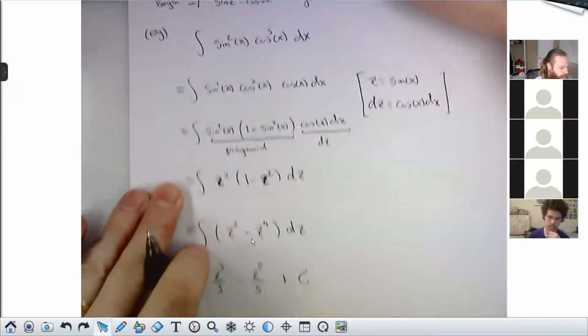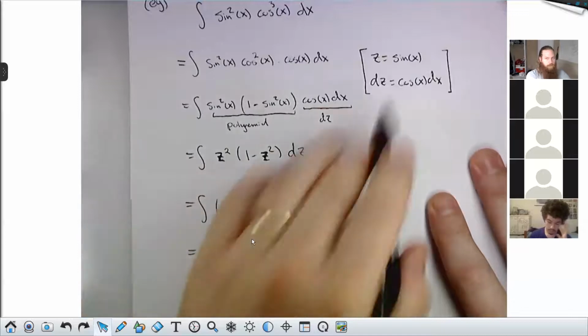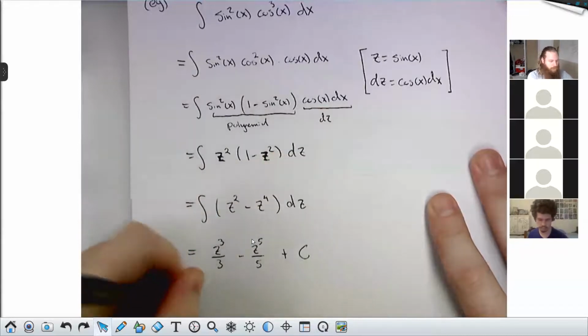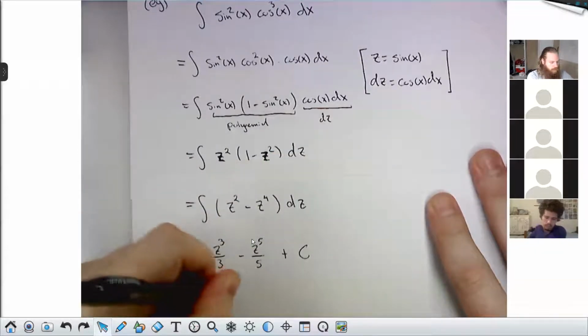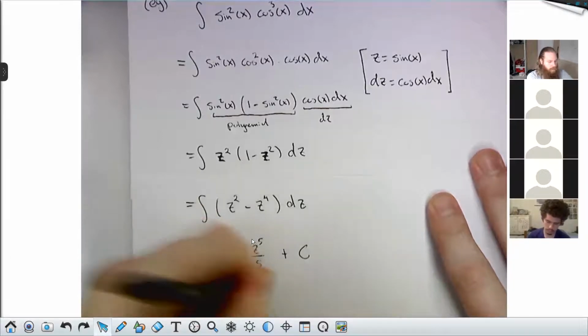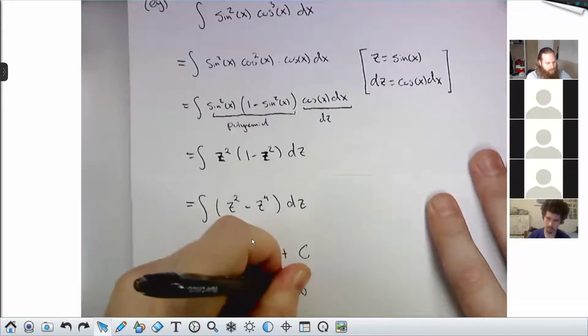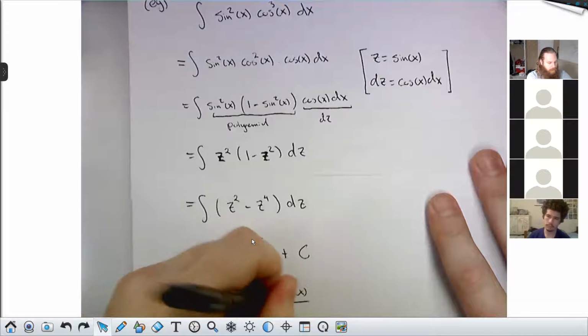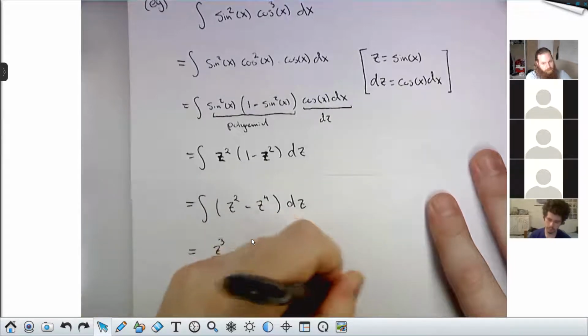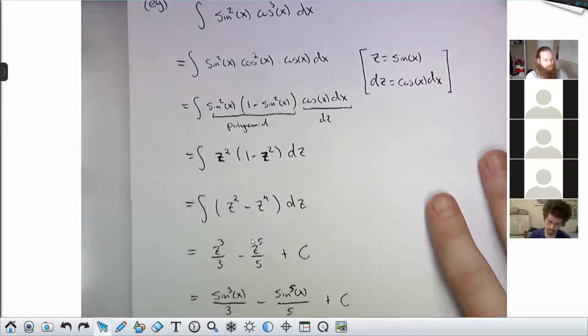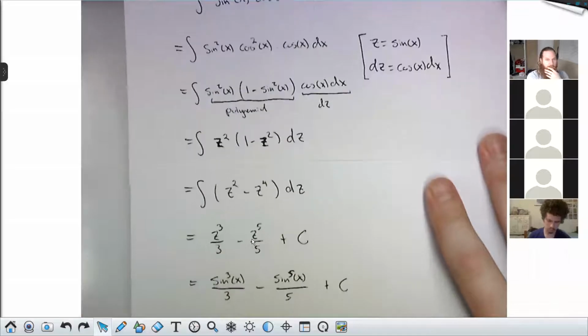And finally, I go back to my original variable by back substituting. So z cubed is sine cubed x, so that'll be sine cubed x over 3 minus z to the 5th is the 5th power of sine x over 5 plus a constant, and you're done. Not too bad, right?